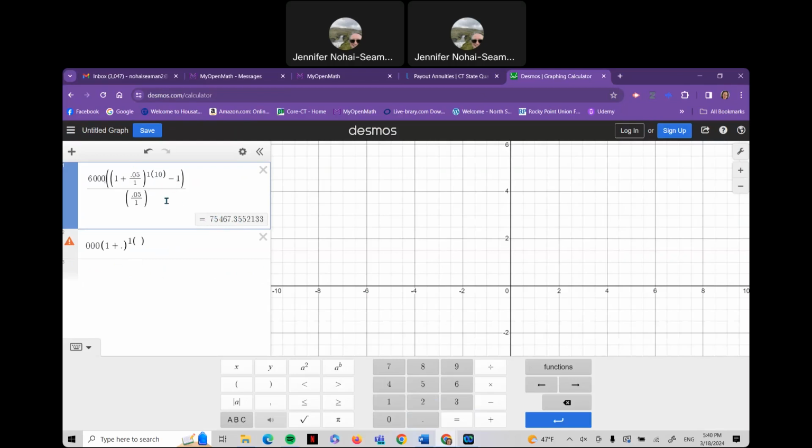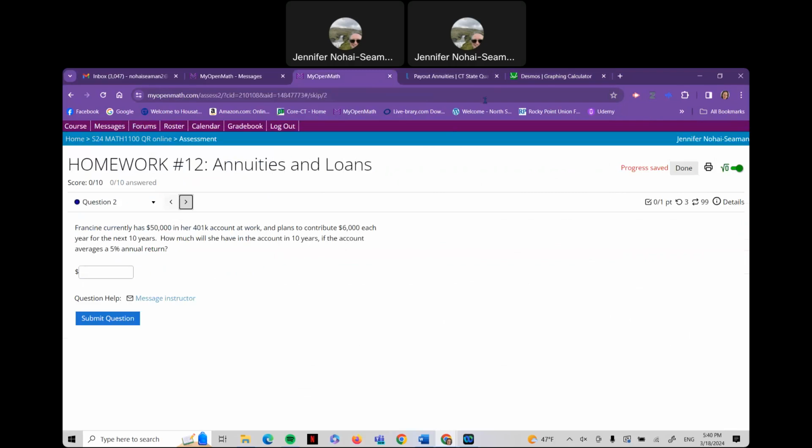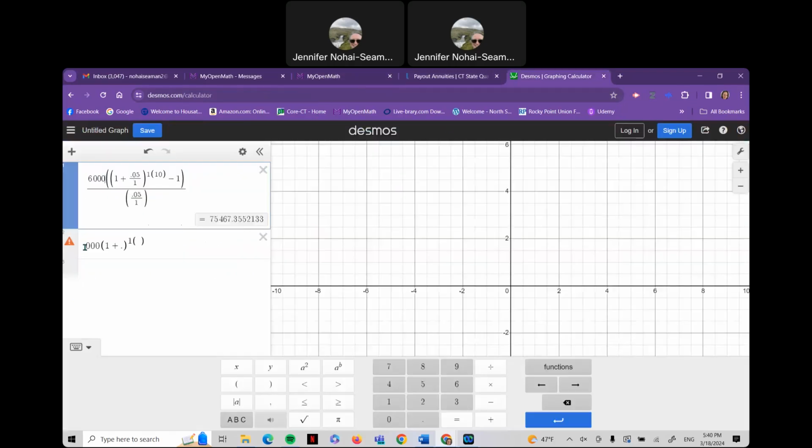Now, that's just based on her deposits. What we also need to compute is the compound interest based on her already deposited amount. And so the already deposited amount is $50,000. I have a compound interest formula set up here: $50,000 at 5%, only compounded once a year.